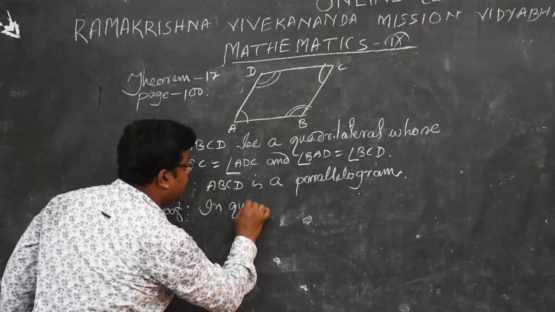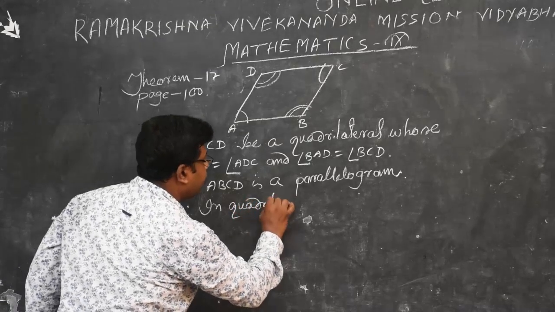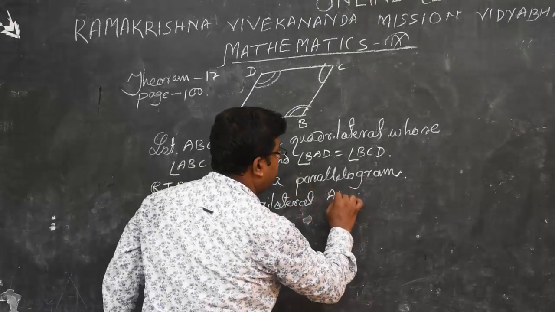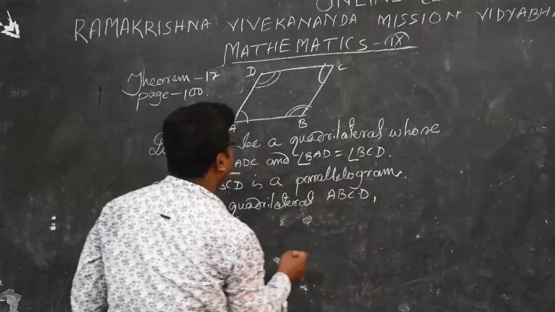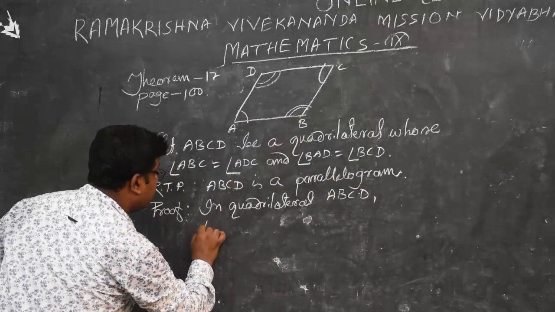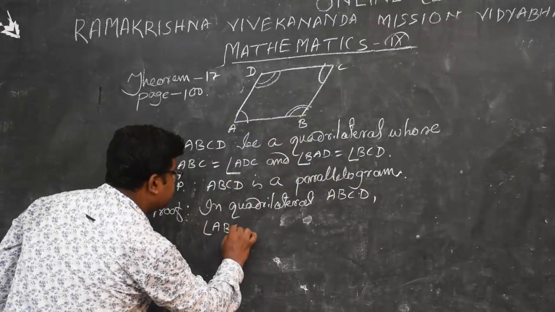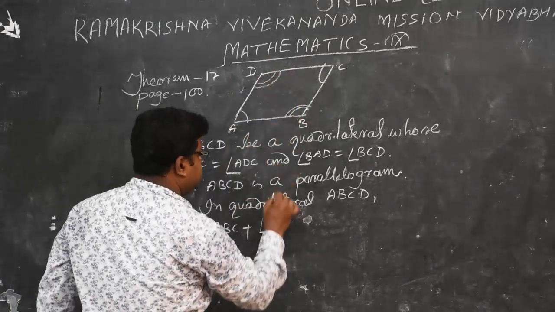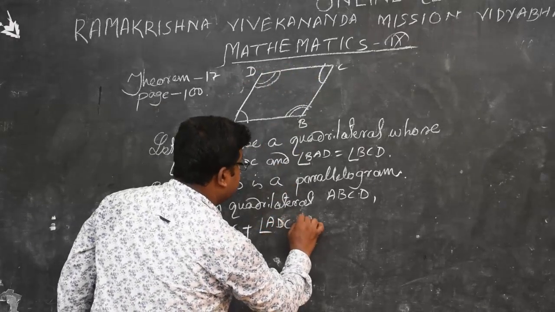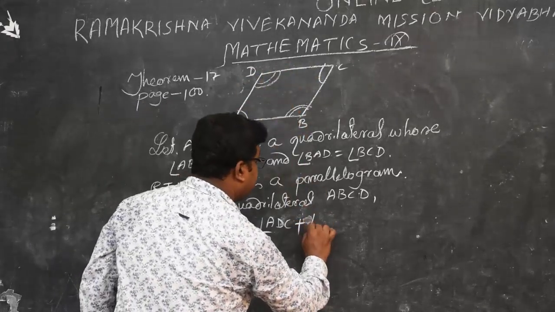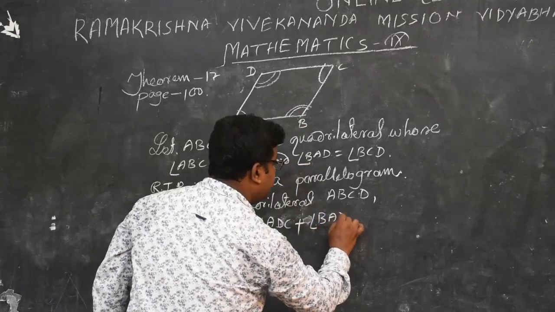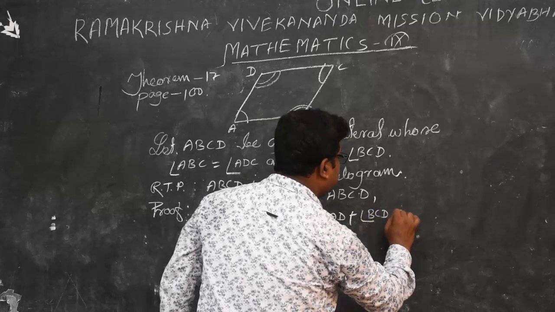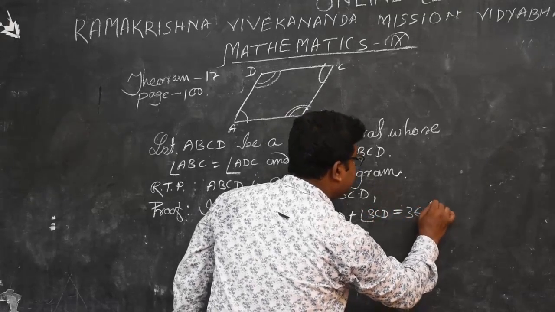In quadrilateral ABCD, angle ABC plus angle ADC plus angle BAD plus angle BCD equals 360 degrees.